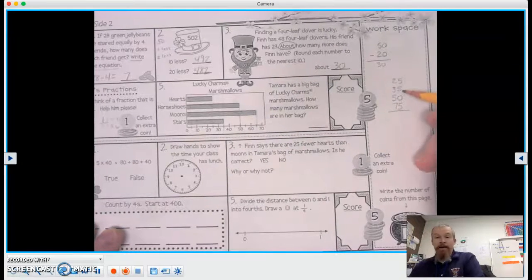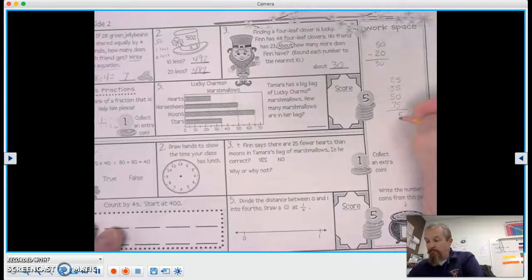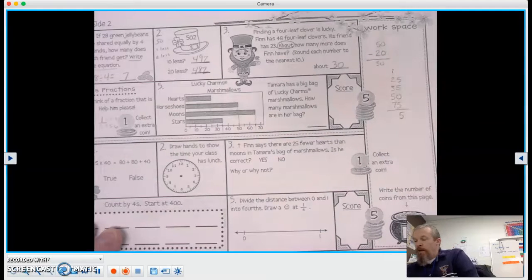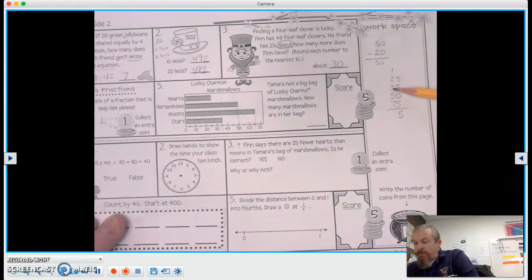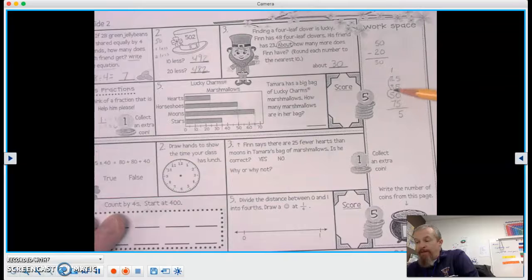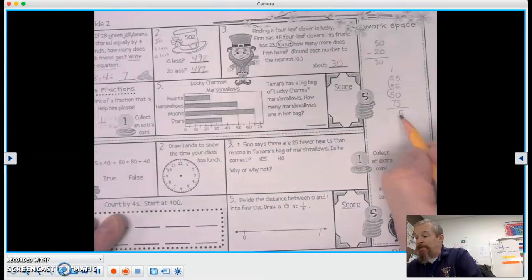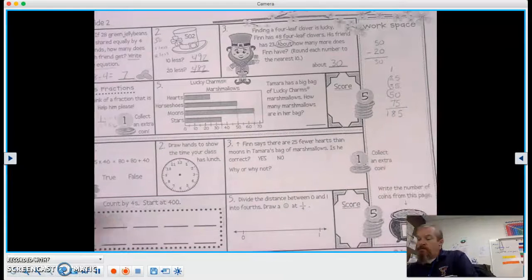Okay, so 5 and 5 is 10. And 5 more is 15. And I'm going to go like this. 2 and 3 is 5, right? And 5 and 5 is 10. So there's 10 plus 7 is 17. And 1 more is 18. Again, did you see how I did that?